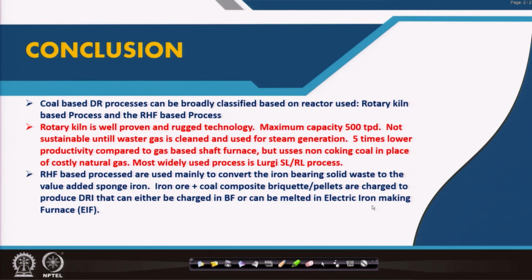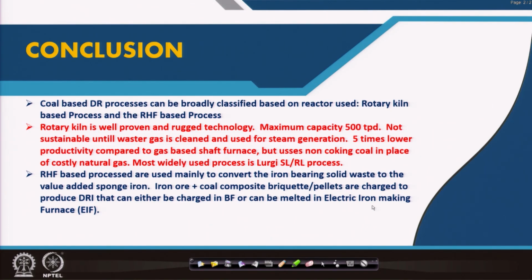Okay. And then finally the metallized product, that is the sponge that is obtained, can contain a lot of gangue with low total iron. Okay, then this type of sponge iron, the grade may not be very high because the total iron may be less because of large gangue content.